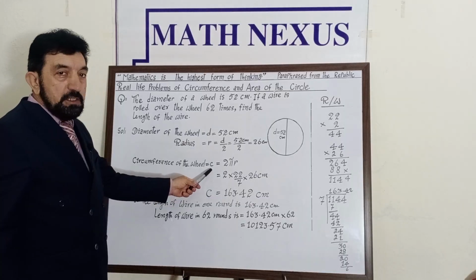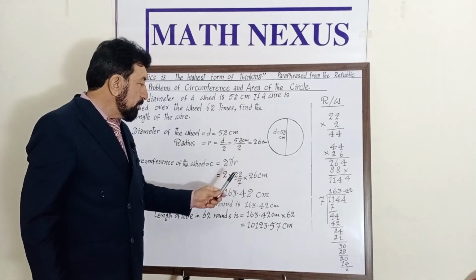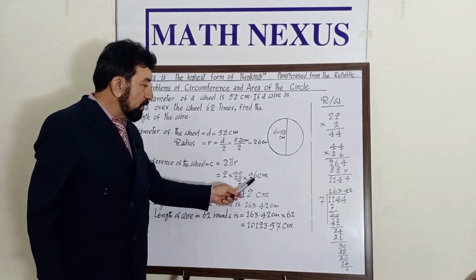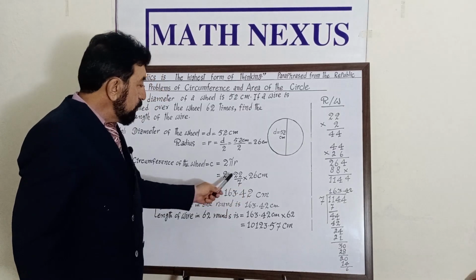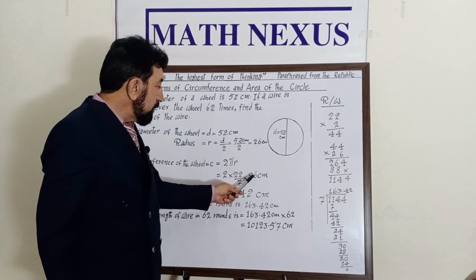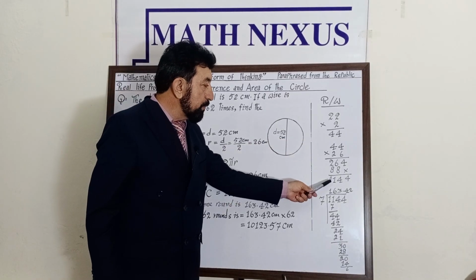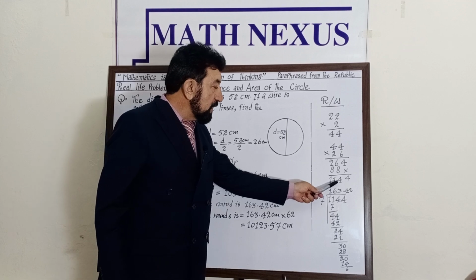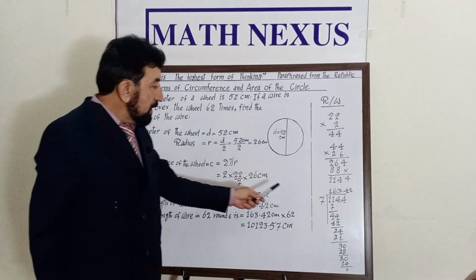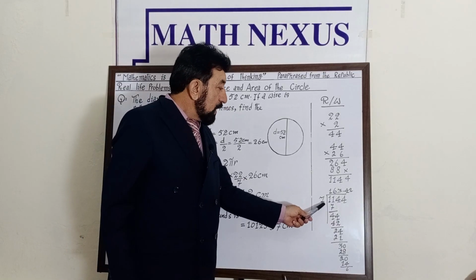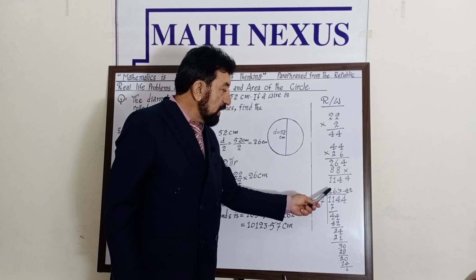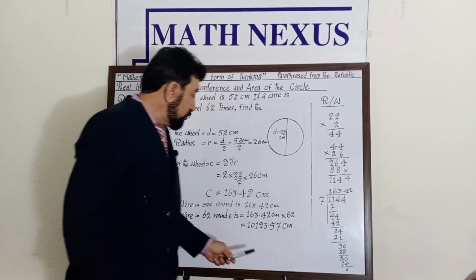Circumference of the wheel is equal to 2 pi r. Putting the value 2 into 22 upon 7 into 26 centimeter. 2 into 22, this is equal to 44. 44 into 26, this is equal to 1144, and upon 7, this is equal to 163.42.